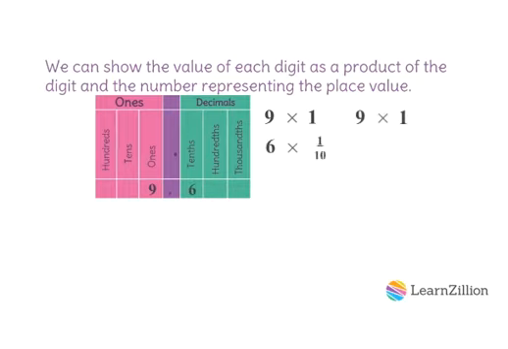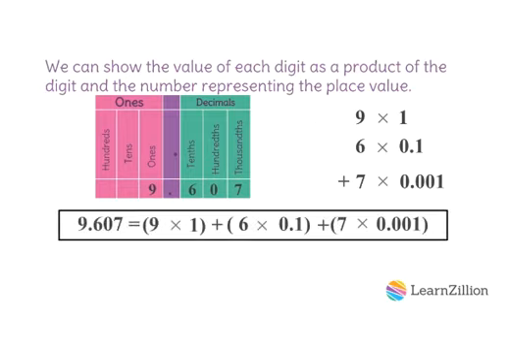We can write it down as a product of 6 times 1/10. As a decimal, it's going to look like this. We can show the value of the digit 7 as 7 times 1/1,000 to show there are 7 of the 1,000ths. As a decimal, it will look like this. When we add all of our decimal products, the sum is 9 and 607 thousandths.